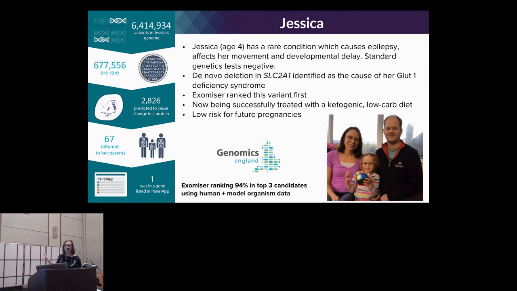And basically using this method and the tool that we've developed to take into account these different data sources, we ranked one gene in the top 3 candidates. And it turns out that in this case, this was a de novo deletion in the SLC2A1 gene, which is successfully treated with diet. So this child is growing up.